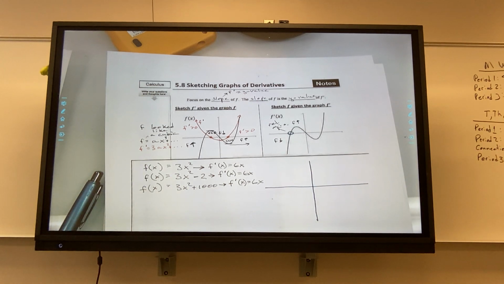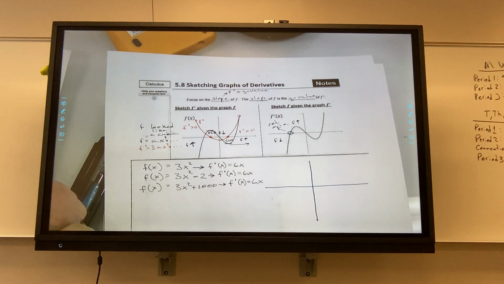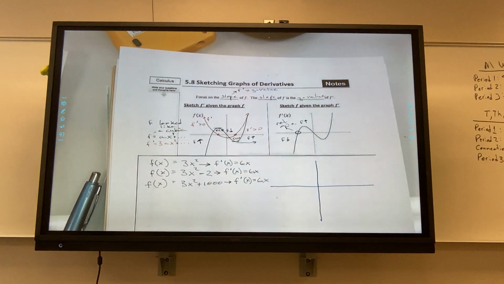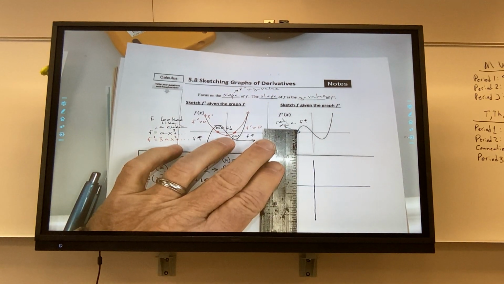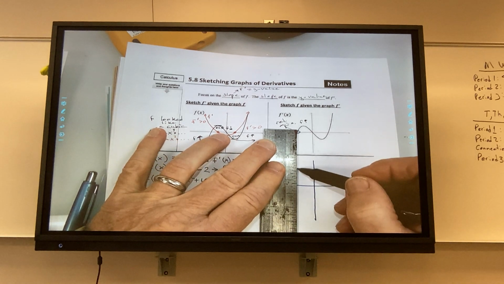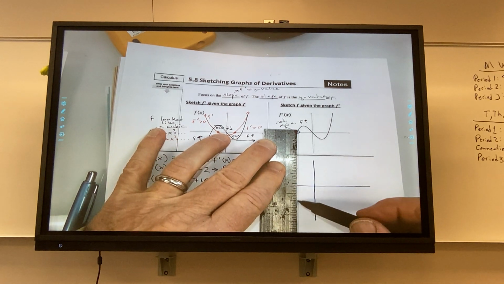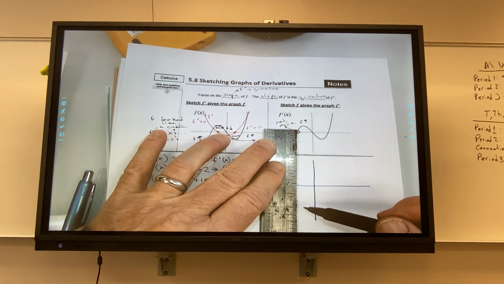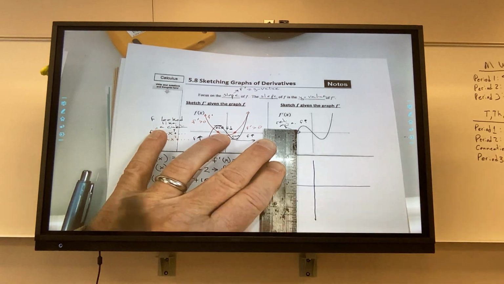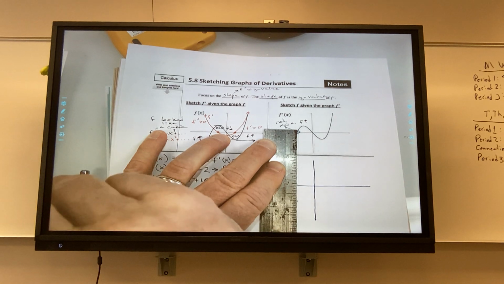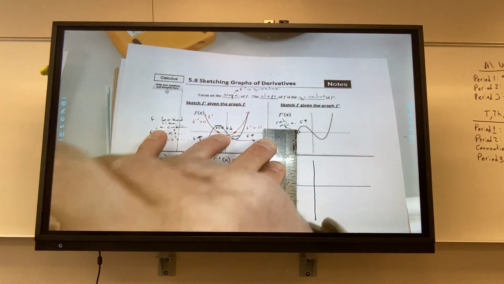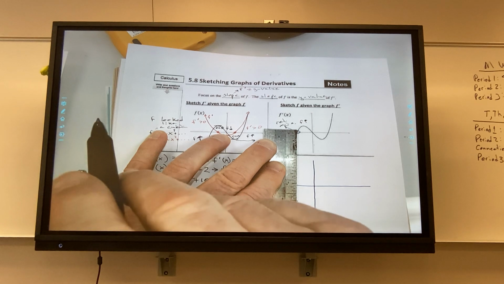Now, where is that relative min? I don't know. I just know the x value. The relative min could be here, it could be here, it could be here. I don't know where it is up or down because I removed that when I took its derivative. Right, Callan? They're gone. So you can't be wrong where you have the relative min.